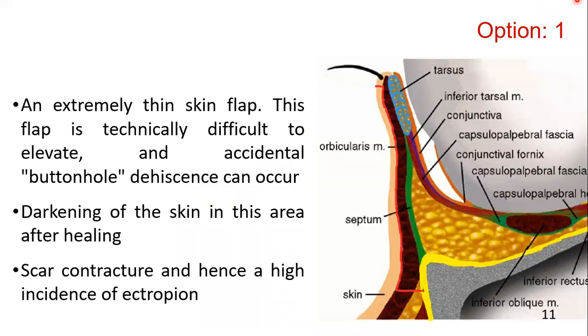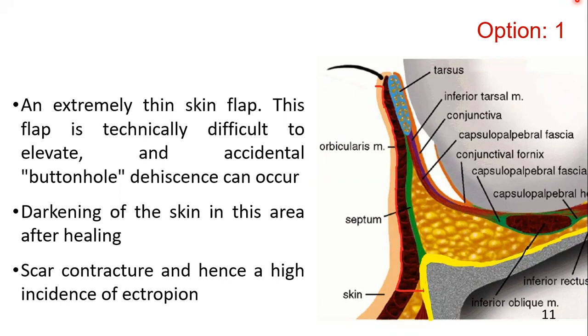Now, the first option, in which a subcutaneous dissection to the level of the infraorbital rim is made, leaves an extremely thin skin flap. This flap is technically difficult to elevate, and accidental buttonhole dehiscence can occur. A further problem that may occasionally be seen is a slight darkening of the skin in this area after healing.